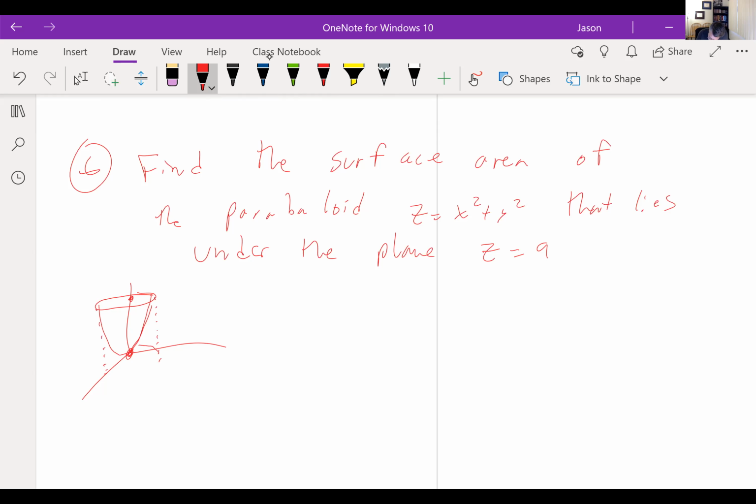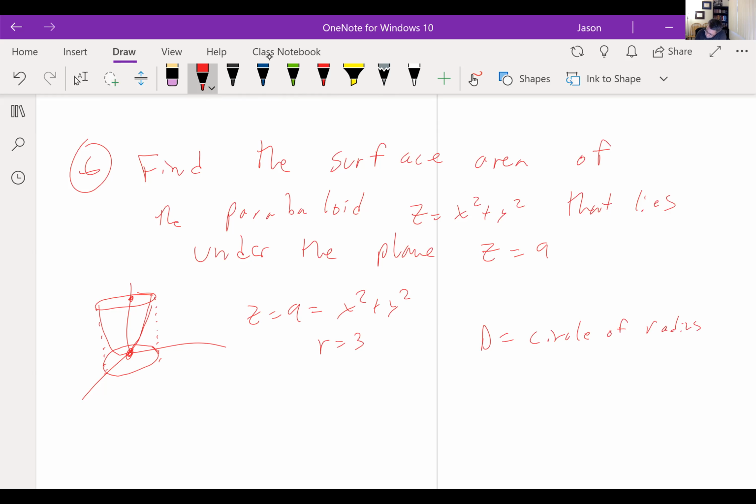Well, wouldn't that be a circle? When z is equal to 9, then z is also equal to x squared plus y squared. So isn't that just a circle of radius 3? The domain is this circle of radius 3.